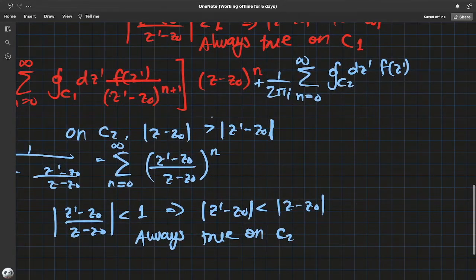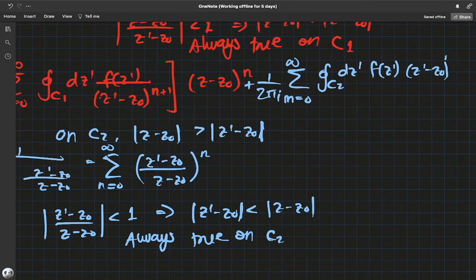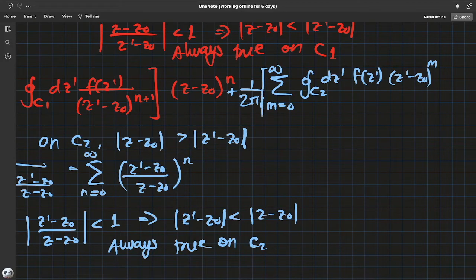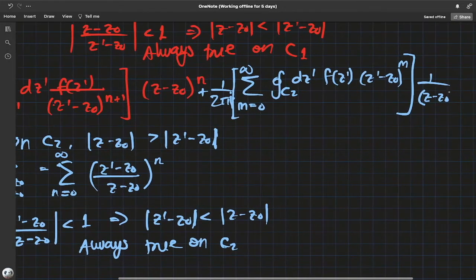Let me take different indices just to avoid confusion, to the mth power, and then all of this, square bracket this out, is divided by z minus z naught to the m plus first power.